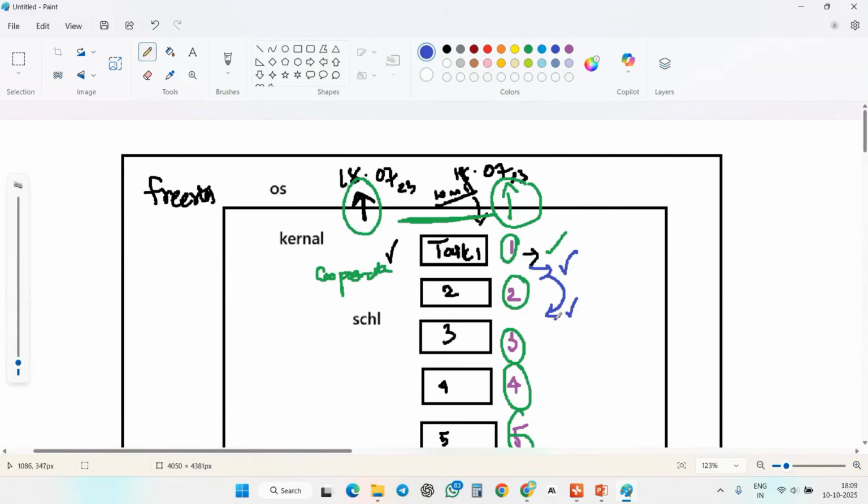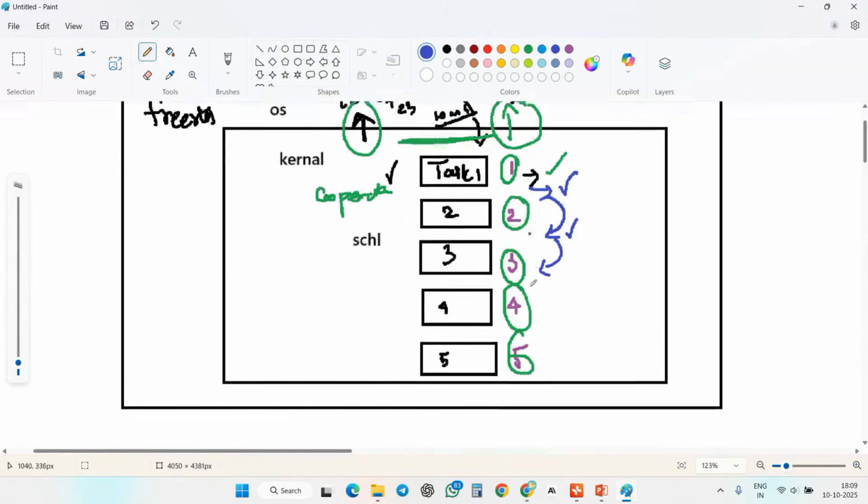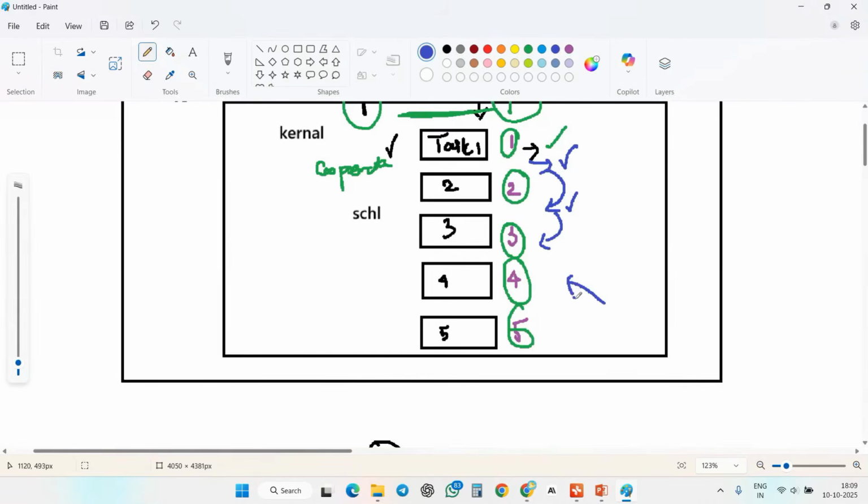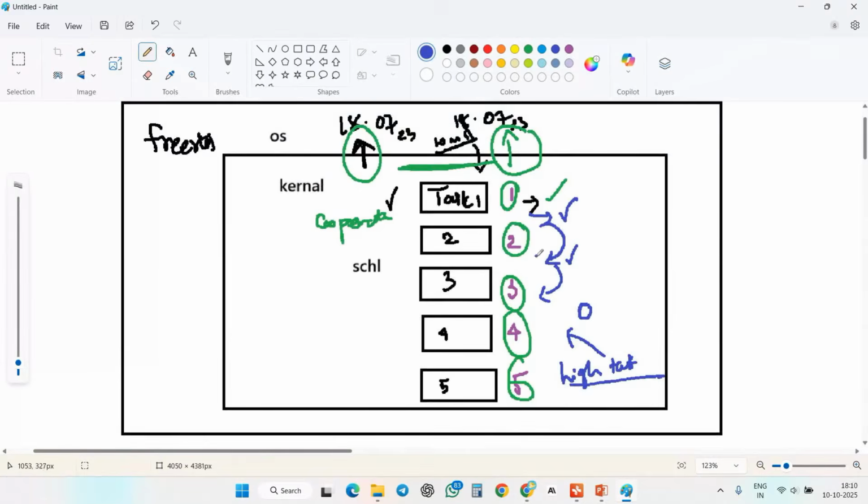When task two is completed, it moves to task three. Even if an emergency higher priority task, for example 0 being the higher priority here, tries to interrupt, it never gets to interrupt, because it is cooperative scheduling.